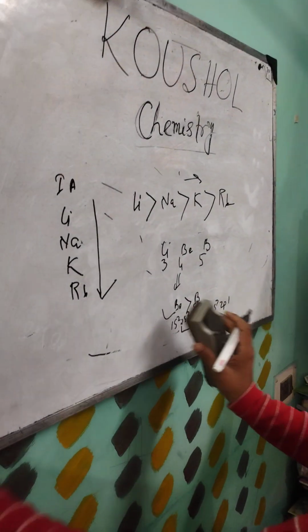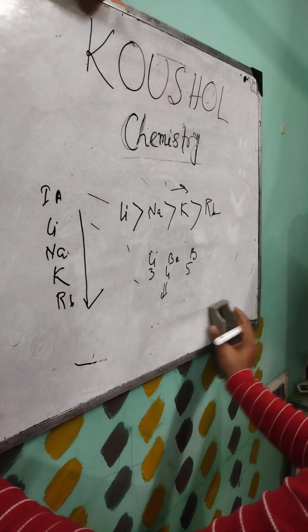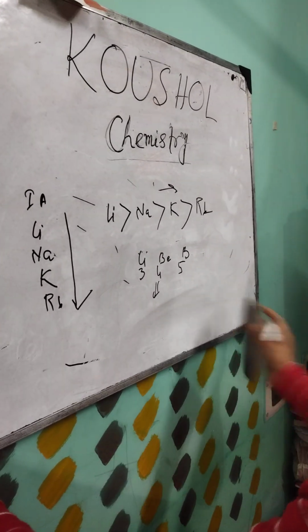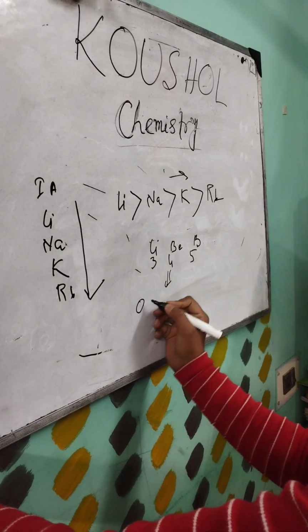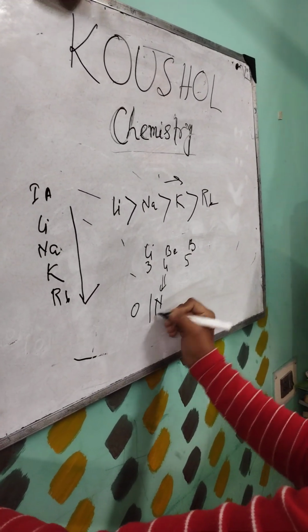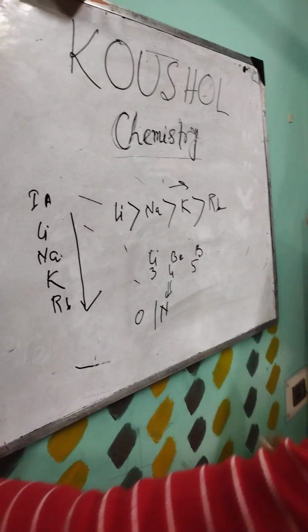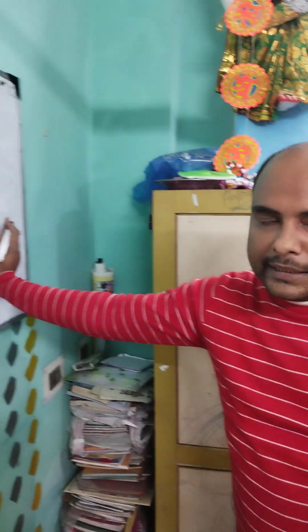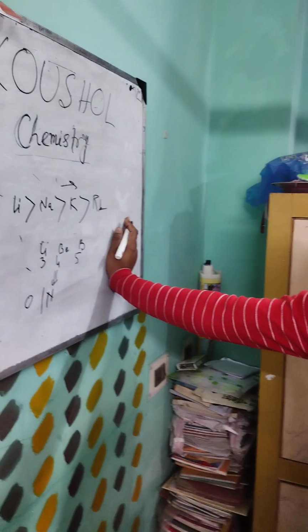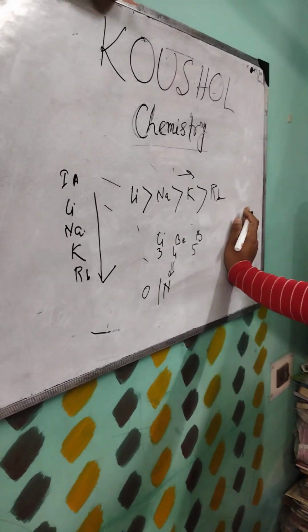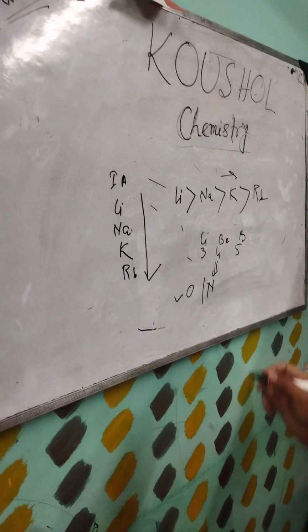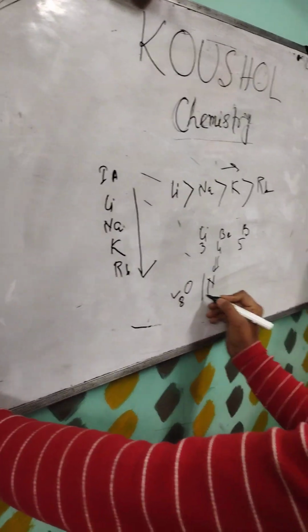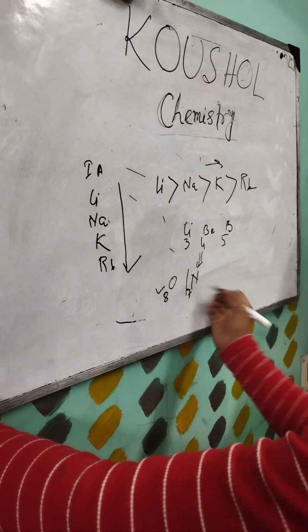Let's see again. Between oxygen and nitrogen, the ionization energy of nitrogen is greater than oxygen, because the nitrogen atom has a half-filled p orbital, while the oxygen atom is neither half-filled nor fully filled.